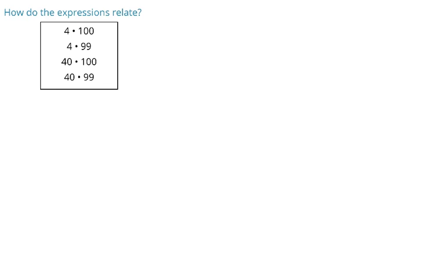The question is, how do these expressions relate? Let's look at the first two. We know what 4 times 100 is. That's an easy problem because we know how to multiply by powers of 10. 4 times 100 is 400, right? The next question is, how does that relate to 4 times 99?